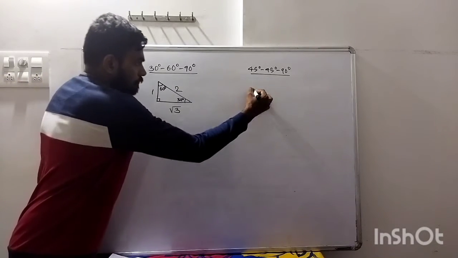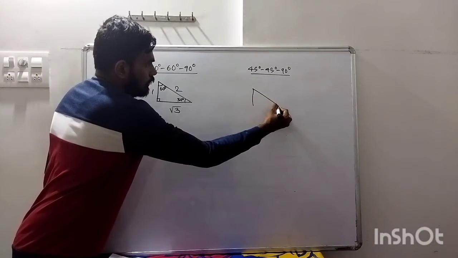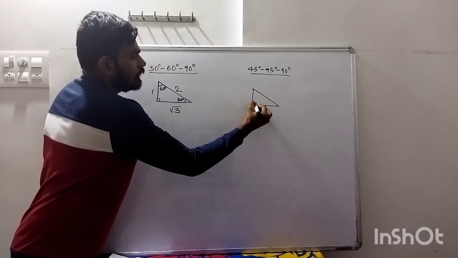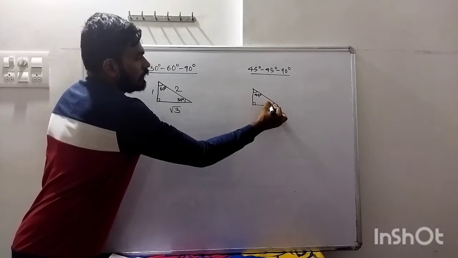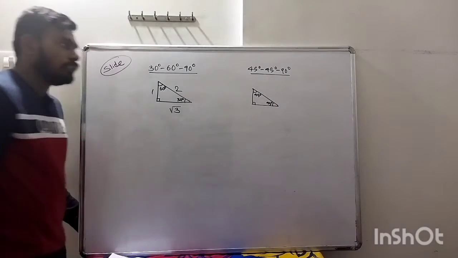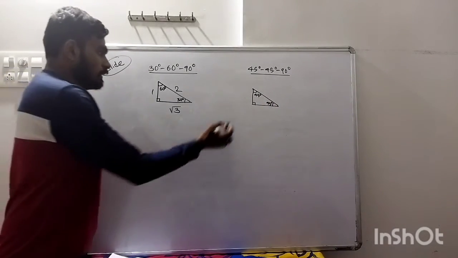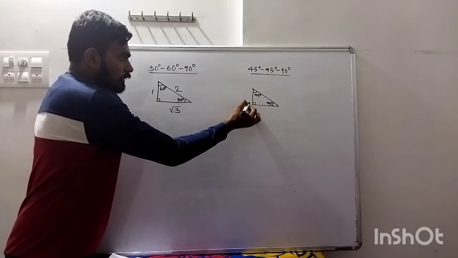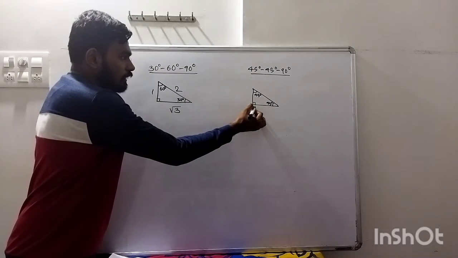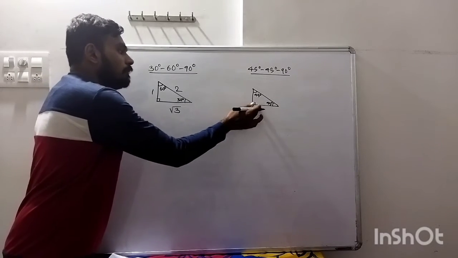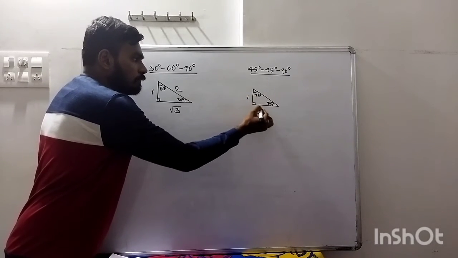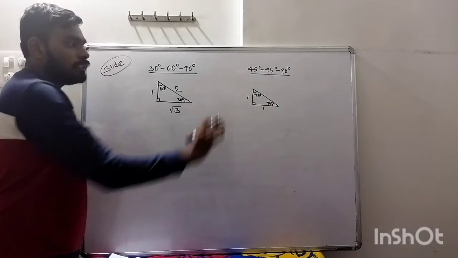Same way, one more triangle is the 45, 45, 90 triangle. So here both angles are 45 and one is 90. So how do we remember this? Imagine there was a police here and there was a thief here. Both didn't see each other.